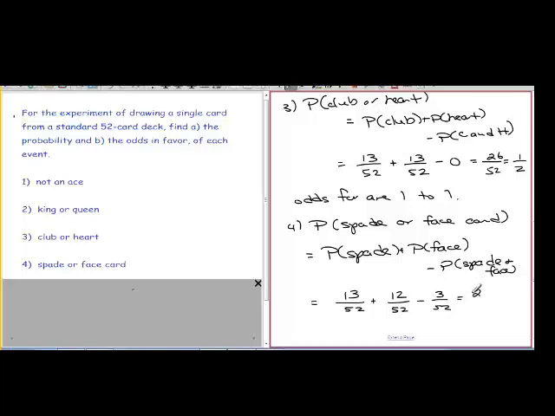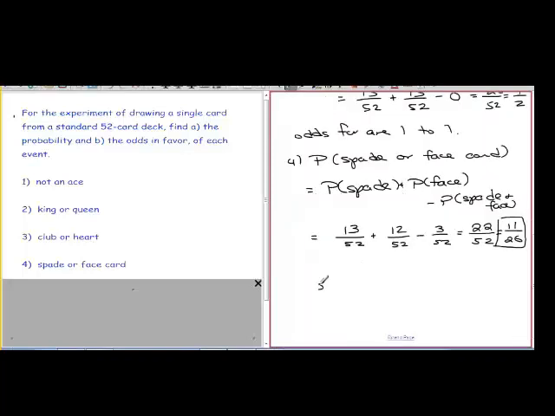And so your answer is 22 divided by 52, which is 11 divided by 26. And the odds for are 11 to 15. So that's how those problems work.